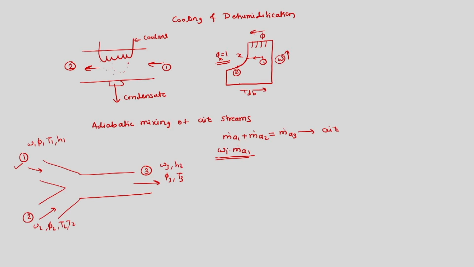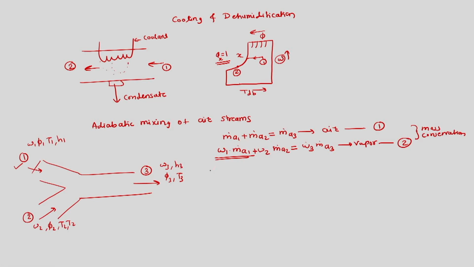So this is mass of vapor in state 1 plus mass of vapor in state 2 is equal to mass of vapor in state 3. So this is for vapor, and we will name it as equation 2, this as equation number 1, and both are mass conservation equations.